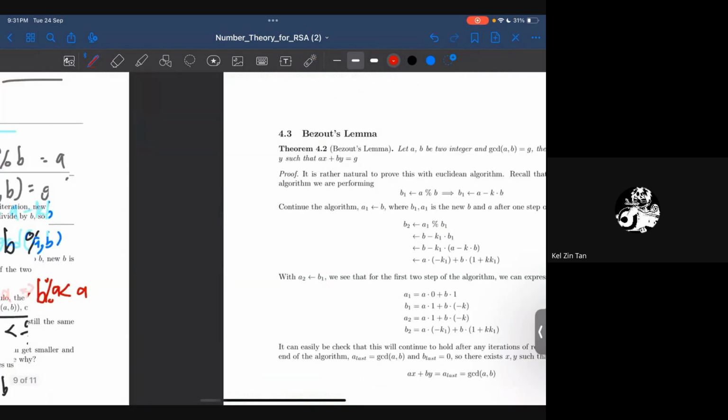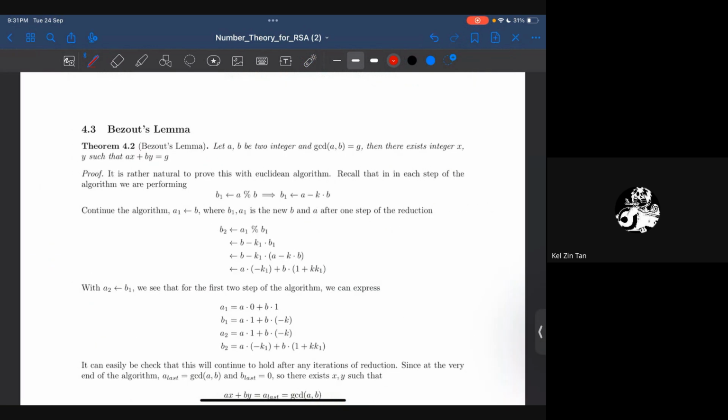So now, after looking at the Euclidean algorithm, we can state Bézout's lemma, which is a very simple extension of the Euclidean algorithm and is also quite direct to prove. Let a and b be two integers, and the GCD of a and b is equal to g.